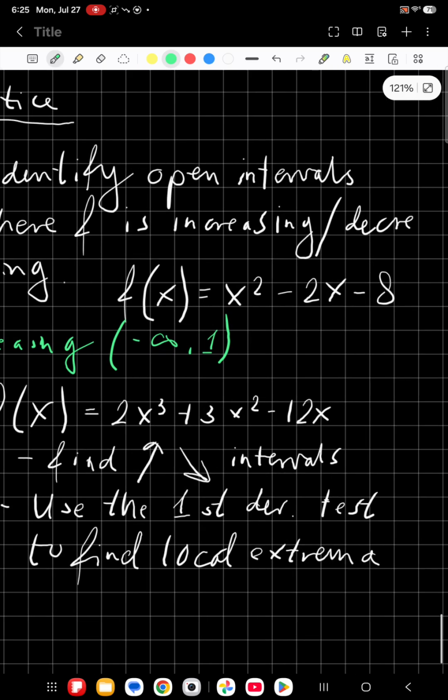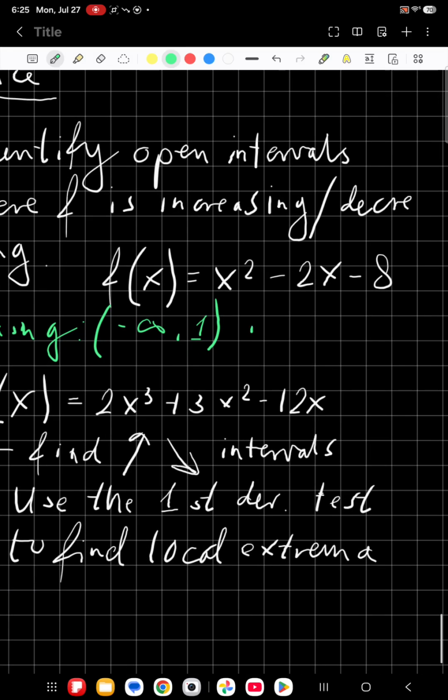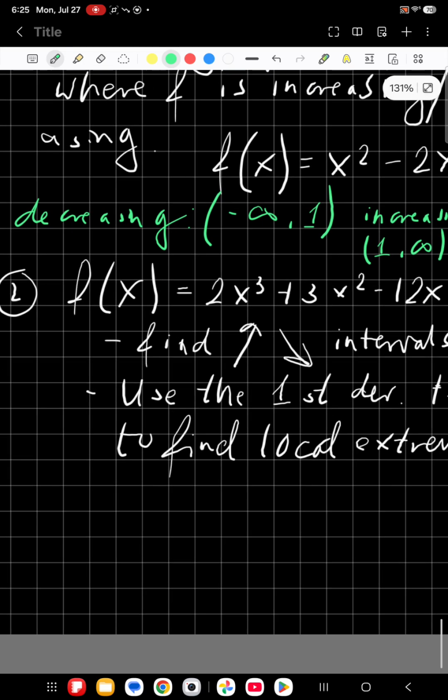Maybe if I did this. So that was decreasing, increasing. Let me just double check. Yeah, decreasing. So increasing, that's from 1 to infinity.